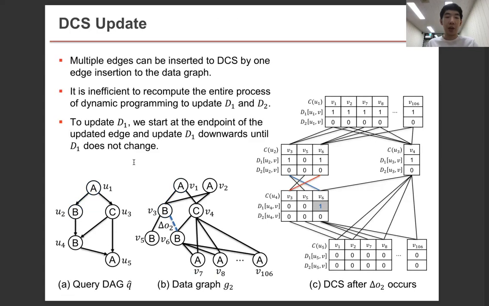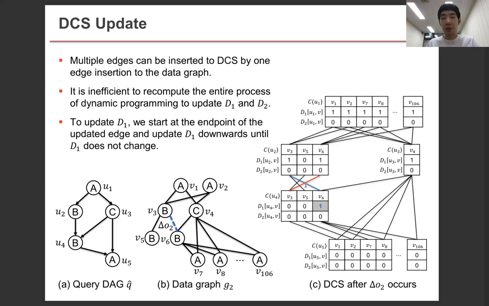So we need to update the structure for each update operation. When delta O2 is inserted, you can see that multiple edges can be inserted into DCS at once. Also, to update D1 and D2, recomputing the entire dynamic programming is obviously inefficient. Therefore, to update D1, we start at the endpoint of the update edge and update D1 downwards until D1 does not change.